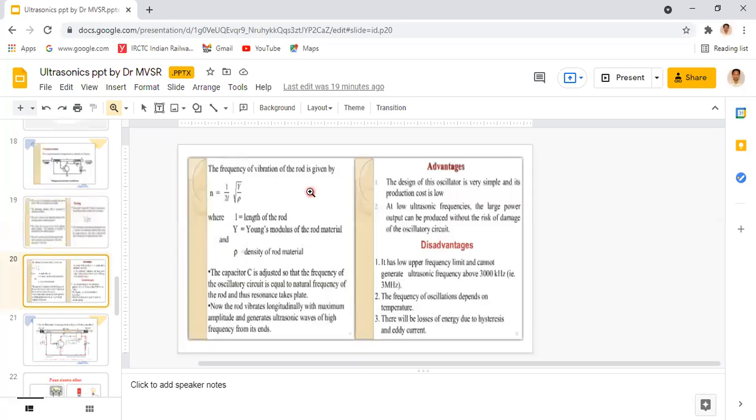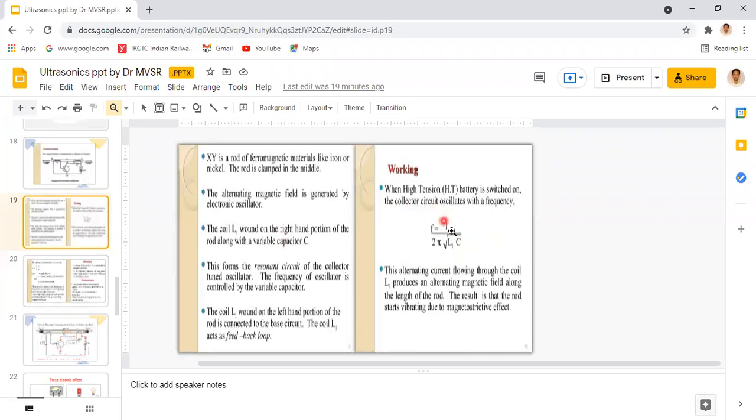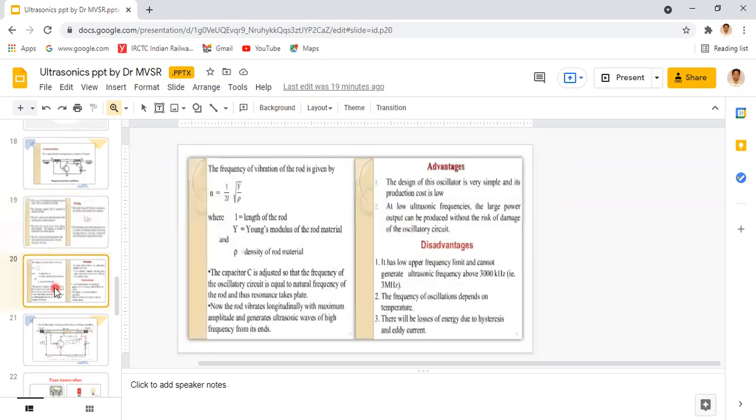In this previous slide, this is the frequency of the oscillator circuit, f is equal to 1 by 2 pi into square root of L1C. Because of this frequency, the vibrations will be produced within the rod, so that the frequency of the vibration of the rod is given by n is equal to 1 by 2L into square root of Y by rho, where L is the length of the rod, Y is Young's modulus of the rod material, and rho is the density of the material.